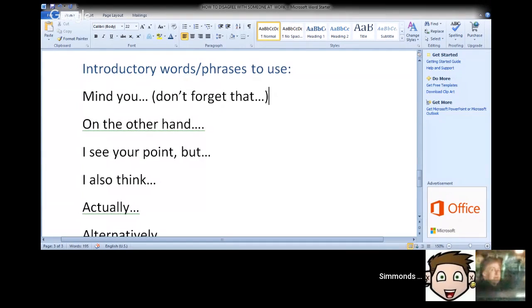So if you're talking about a situation, let's say the immigrants, the fence, whatever: "Mind you, the immigrants come from a very poor country, blah, blah, blah." So, don't forget that, okay?